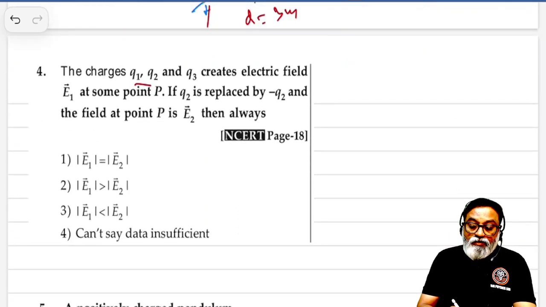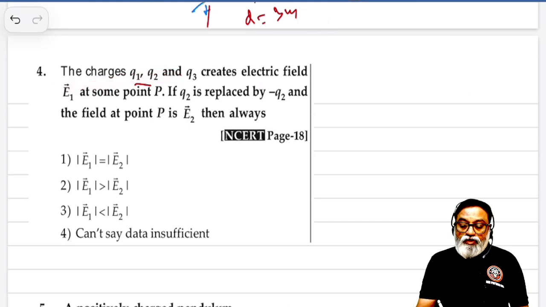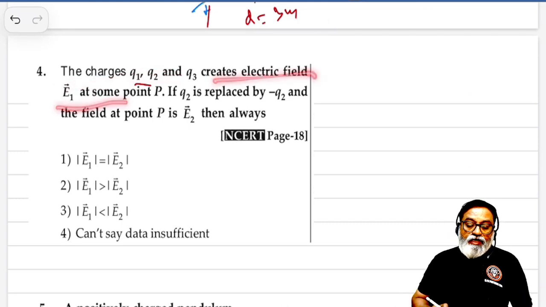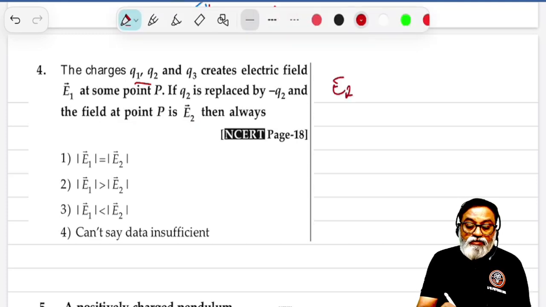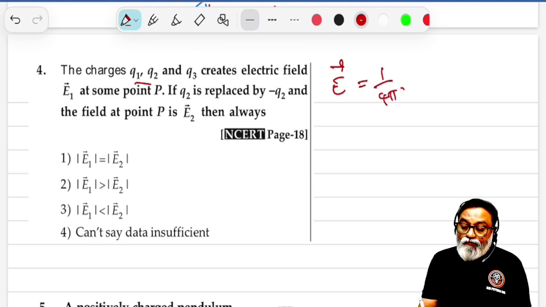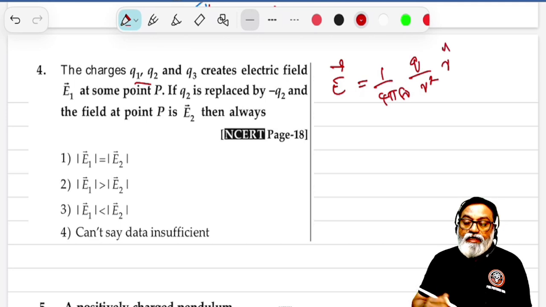Next one. The charges Q1 and Q3 create an electric field E1 at some point P. If Q2 is replaced by minus Q2, what is the field at point P? See, generally electric field due to a point charge E bar is equal to 1 by 4 pi epsilon q by r square into r cap.